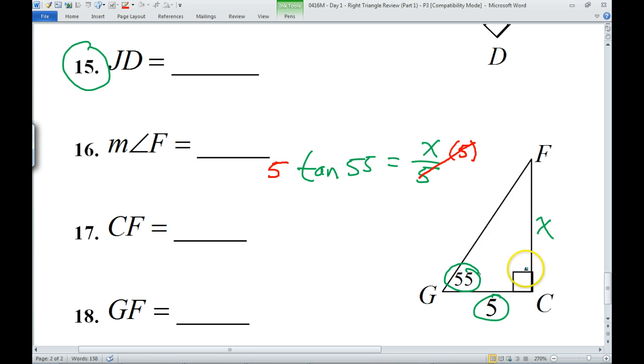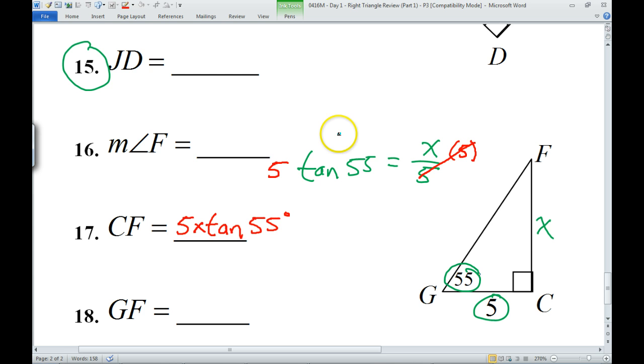Okay, so FC, or CF, you might see it as either 5 tangent 55, or they might say 5 times tangent 55 degrees. Either way, recognize it. Of course, if it's a decimal, in the multiple choice, you can put that in your calculator, and that will give you the decimal.